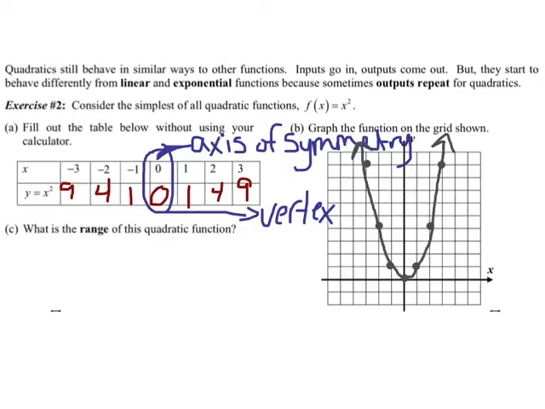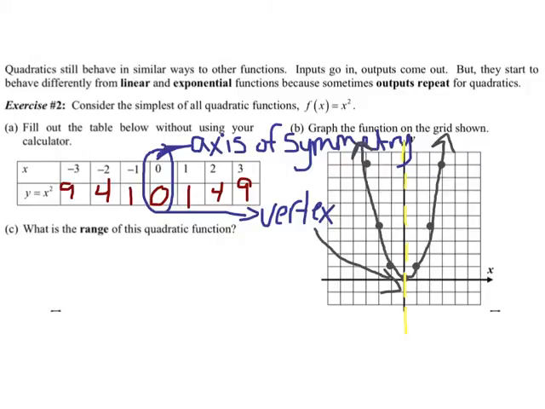Okay, I have mine drawn for you. A couple things that you want to remember is that you always make sure you have arrows, because this continues on, and that this is a rounded edge at the bottom here of my turning point. This here is my vertex. My axis of symmetry is that invisible line that goes down the middle and splits that perfectly in half. That is my axis of symmetry.